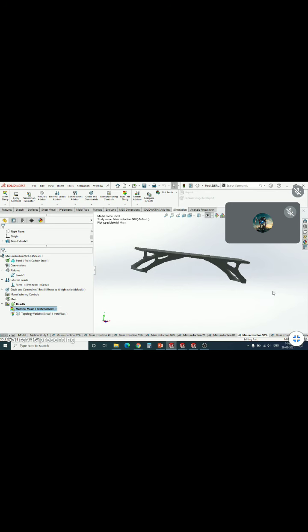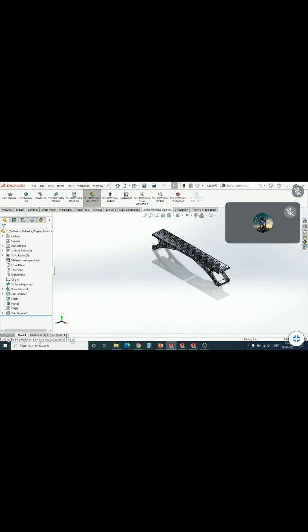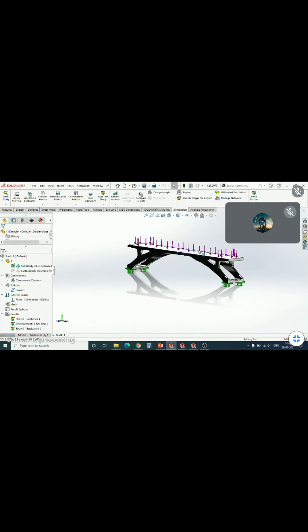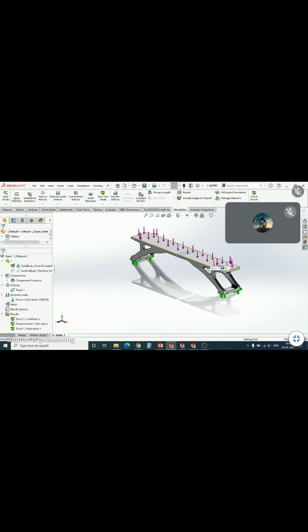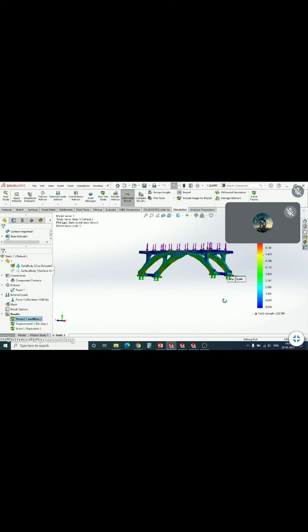Correct? And finally, what I have done is extract this geometry, and I will create an analysis on this extracted geometry and run it, just to confirm what stresses are coming on my product. See, the weight is applied from the top and the bottoms are fixed, and you will get the results.